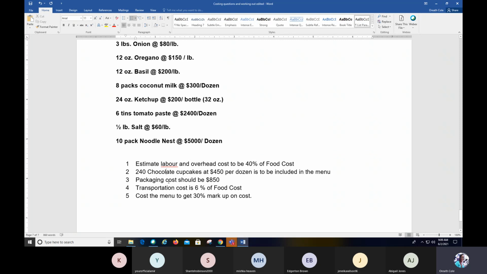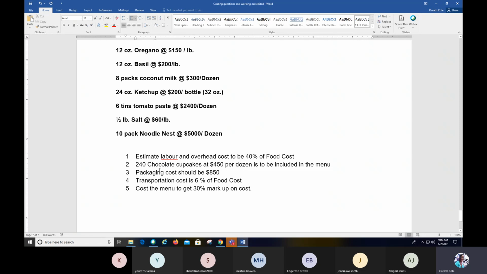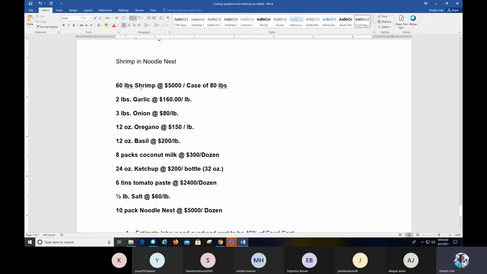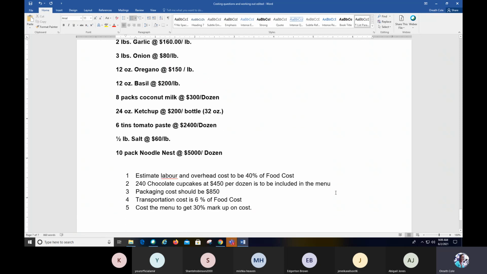The next thing it says is 240 chocolate cupcakes at $450 a dozen is to be included in the menu. So that means after we finish working out all of this, we have to find out, even before we find out the labor cost, about the cupcake, because it must be included in the menu.